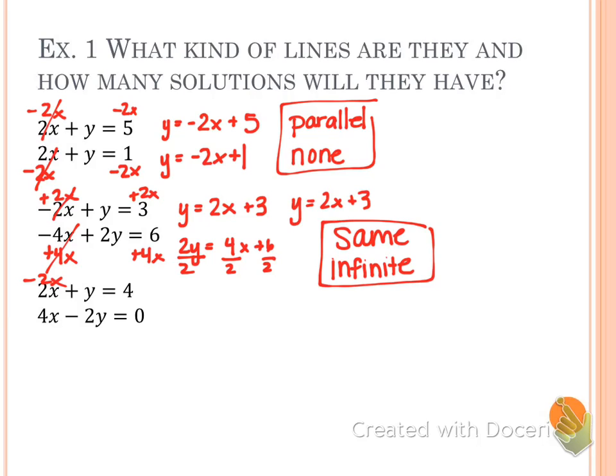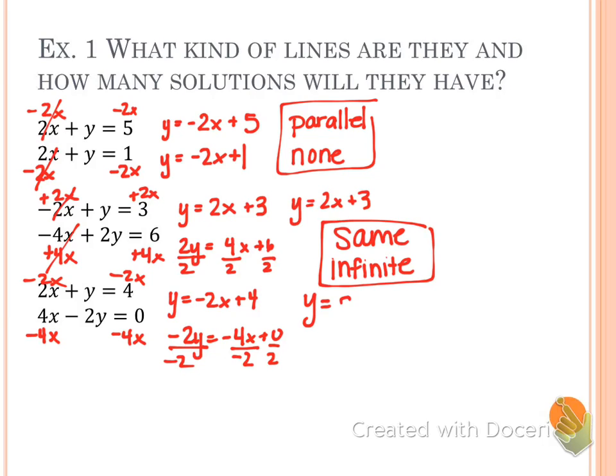Subtract 2x on both sides, and I get y is equal to negative 2x plus 4. This one, I subtract 4x on both sides, and I get negative 2y is equal to negative 4x plus 0. Then I divide everything by negative 2, and I get y is equal to 2x plus 0.